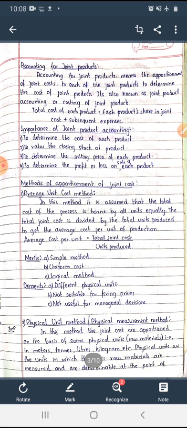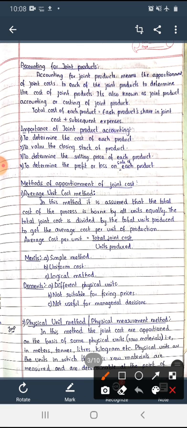Remember, joint product accounting is only about the distribution of the joint cost. Distribution of joint cost. Till this particular point, all the joint products are produced together. After a particular separation point, they are produced differently, right? For example, once again I will explain.